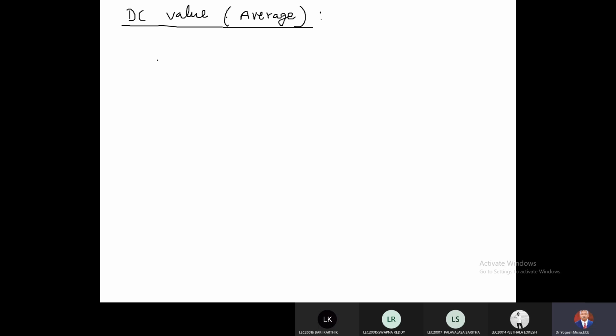So for finding the value of I_DC, you should use the formula I_DC is equal to area of curve in one cycle divided by length of curve.